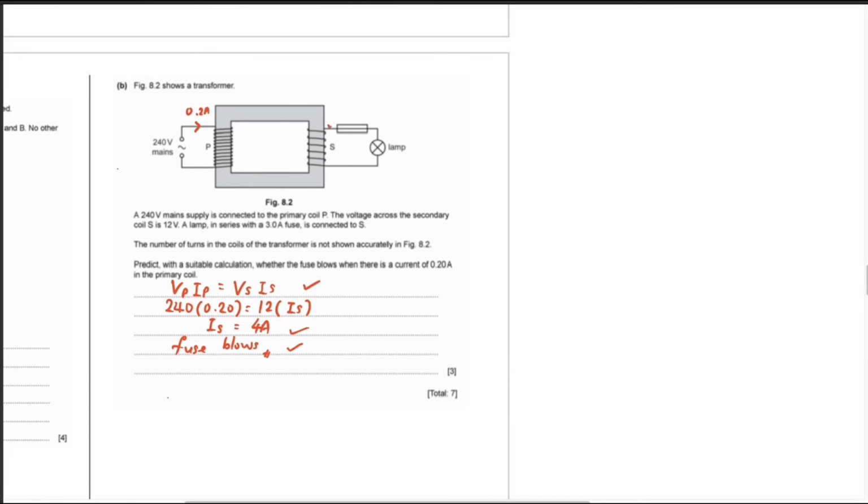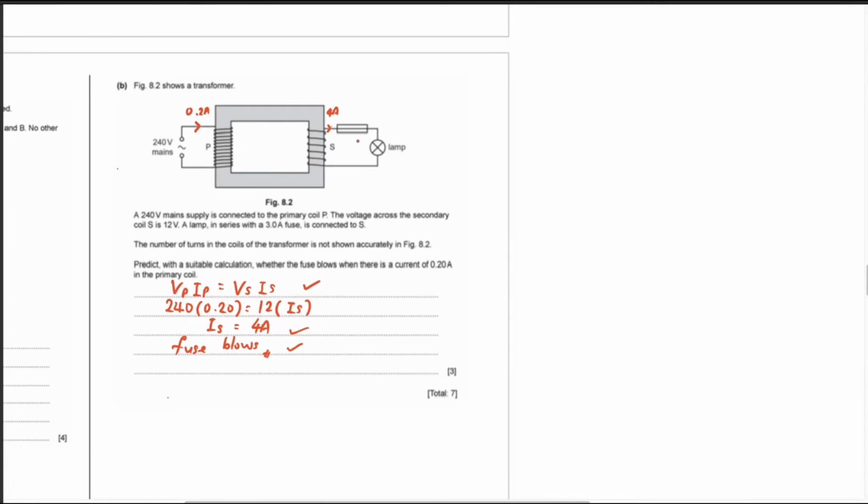And here is 4 ampere in the secondary coil. Oh, okay. So the 4 ampere enters the fuse, and this fuse cannot take more than 3 ampere. With 4 ampere passing through the fuse, the wire melts. Okay, sir, I understand. Okay, so that's the thing.